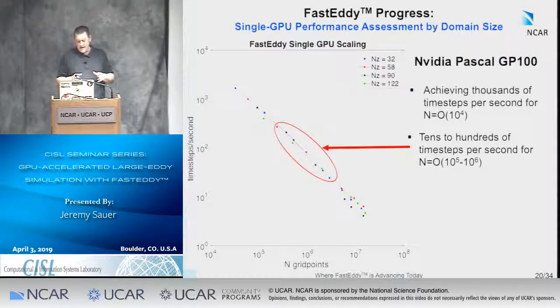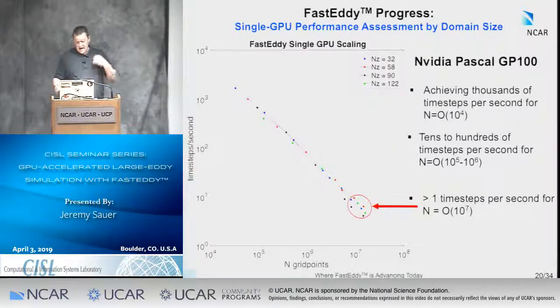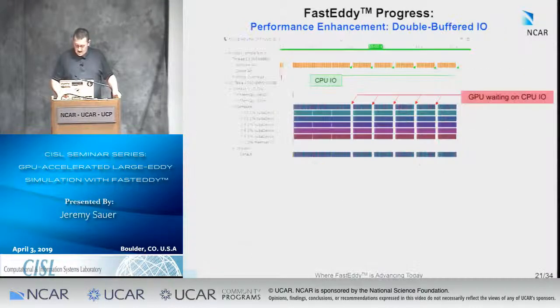For domain sizes of, say, 100,000 to 1 million cells, we achieve tens to hundreds of time steps per second. And it's nice to see that even into the regime of tens of millions of cells on a single GPU, we can still do better than 1 time step per second. So that's a lot of math occurring in a relatively small form factor with FastEddy accelerated on the GPU.